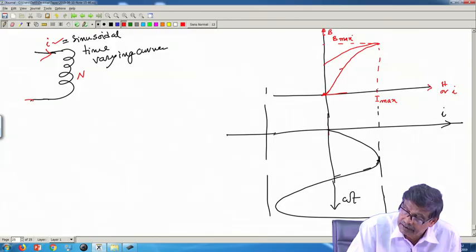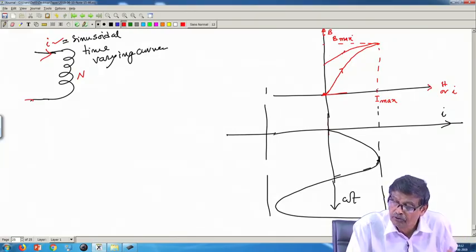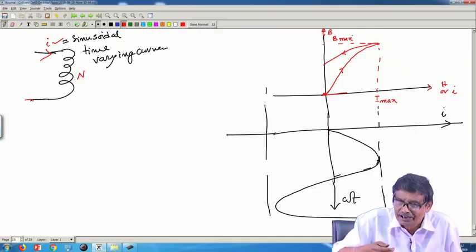This is while current was increasing, it will go like this, but while tracing back, when we are decreasing the current, it will follow another path above this. That is, the molecules will be sluggish.